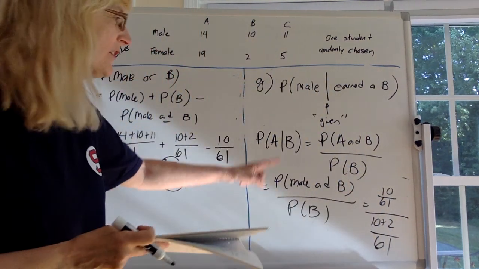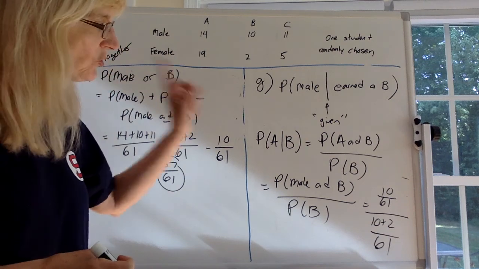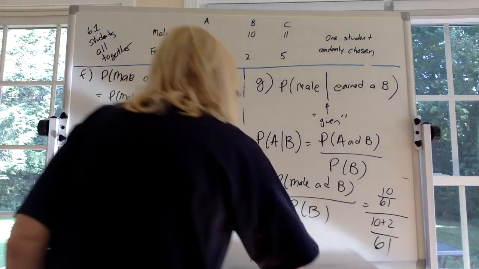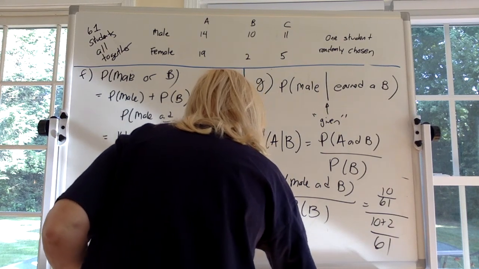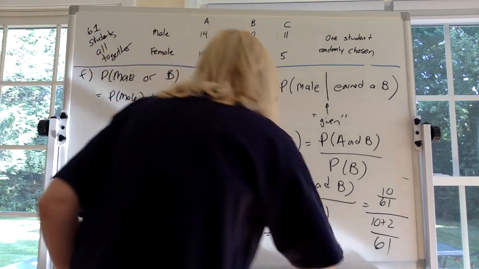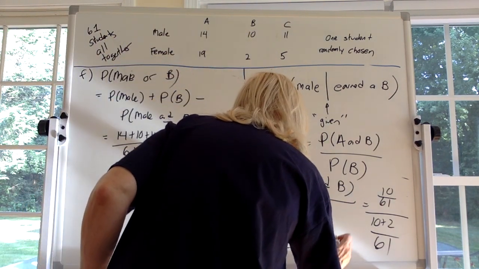So you have 10 over 61 divided by 12 over 61. The 61s cancel out, so you end up with just 10 over 12, which, reduced, is 5 over 6.